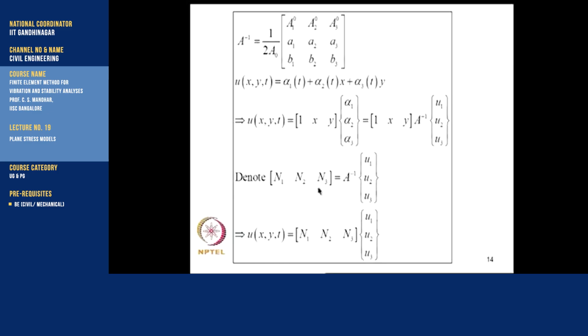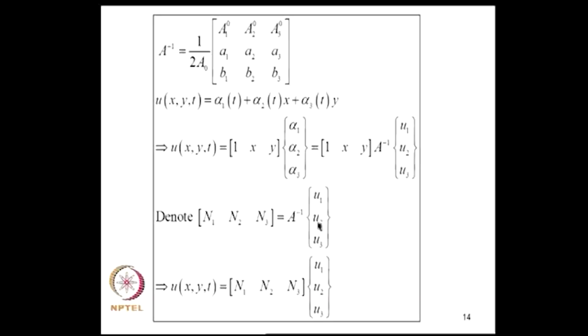Now, I denote n1, n2, n3 as 1 x y times A inverse, so that I can write u as n1 n2 n3 times u1 u2 u3.